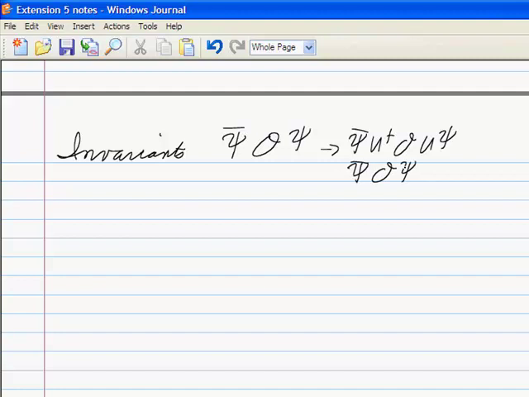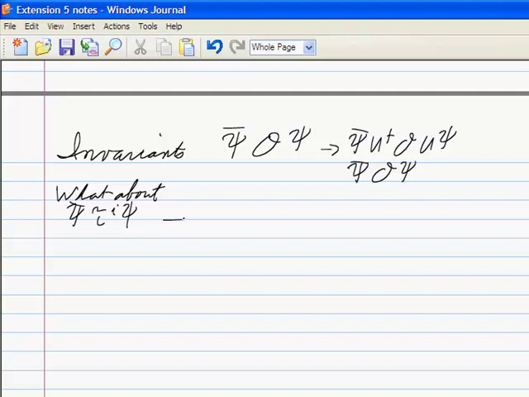So this leaves anything that has a unit matrix in it as a singlet. But what about something that looks like psi bar tau i psi? Okay, so that's not an invariant anymore.